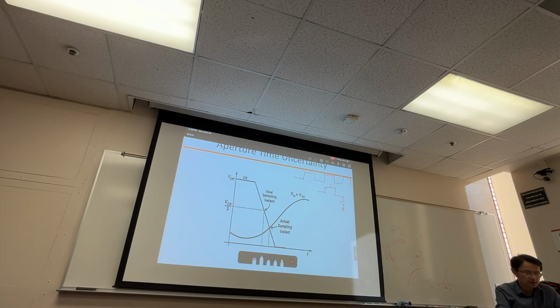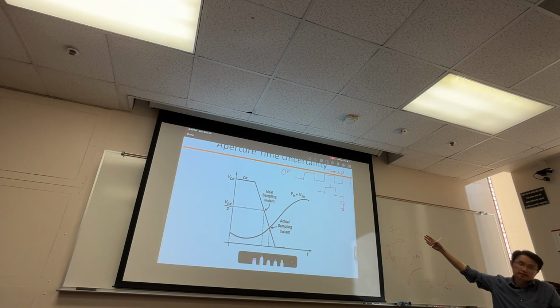In real life, is there a square wave for the clock? It cannot be, right? There's a certain rise and fall time. You've heard about rise and fall time, right? So there's a certain slope. And by the way, when this is high, this is in tracking mode, and when this is low, this is in hold mode, right?